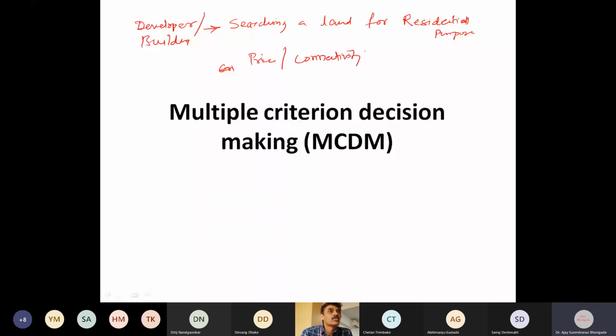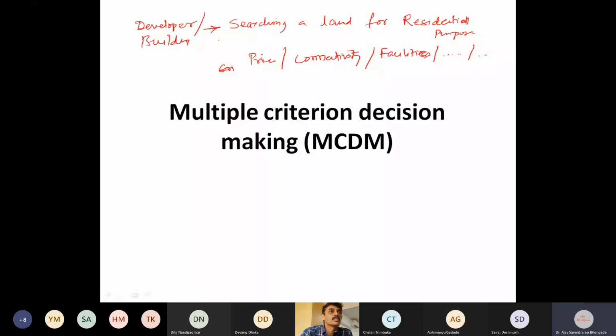You also have to see what facilities are available nearby. He needs to understand all those things, and only then can he understand the particular land. Accordingly, he will select the particular land.